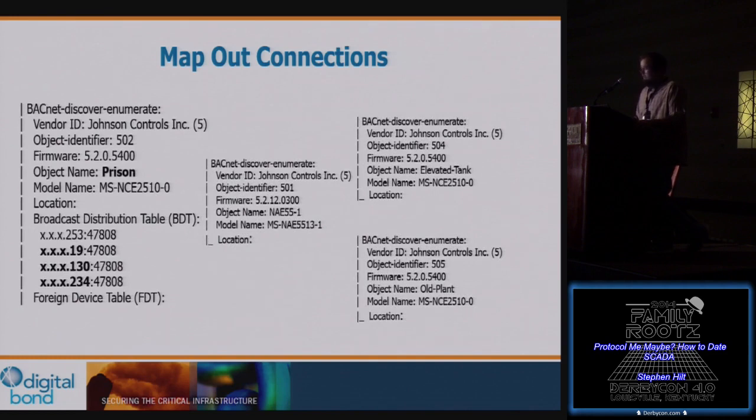Here's the device and the three existing ones that match the ones in the broadcast distribution table. One object name is NAE55-1, which matches the model name, elevated tank, and old plant. They don't seem to match each other, and the prison may just be a one-off oddness.